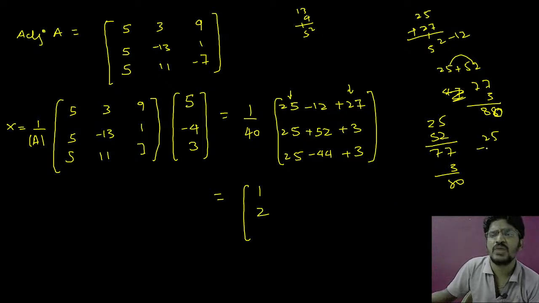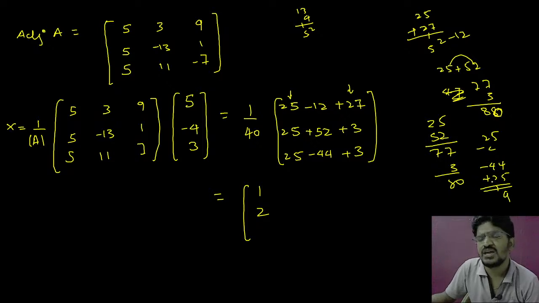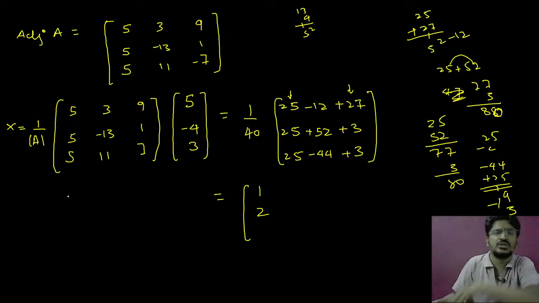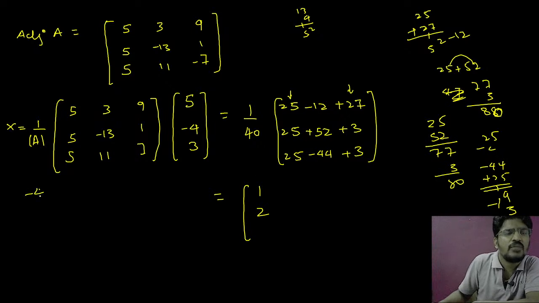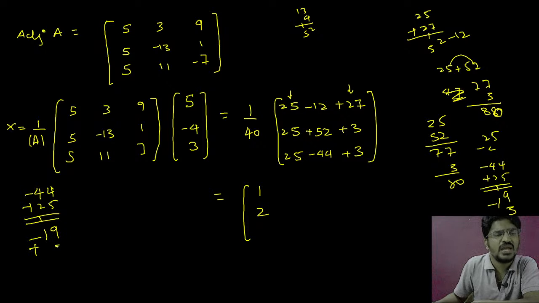Next, 25 minus 44 is minus 19, plus 3, so this will be minus 16. Check the last row once again. Minus 44 plus 25 is minus 19, minus 19 plus 3 is minus 16.